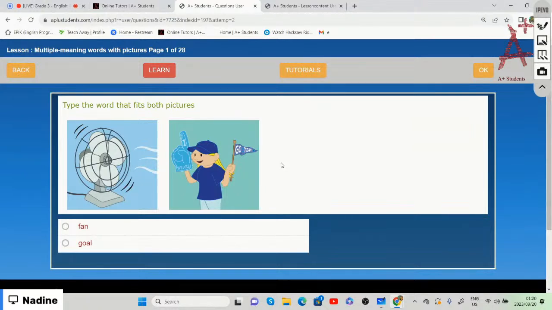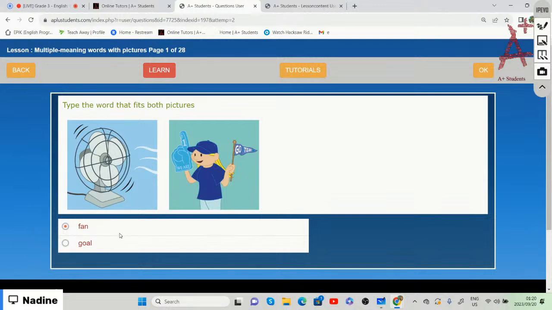There we have something that is blowing air and somebody that is rooting for someone else. Is it fan or is it goal? If we choose the correct one, we will say it is fan.